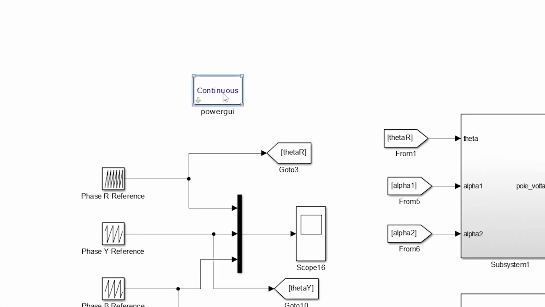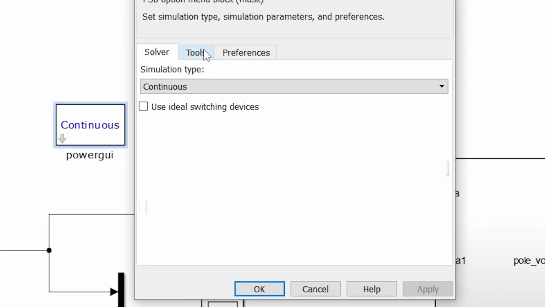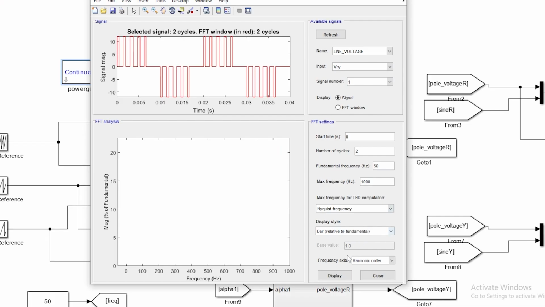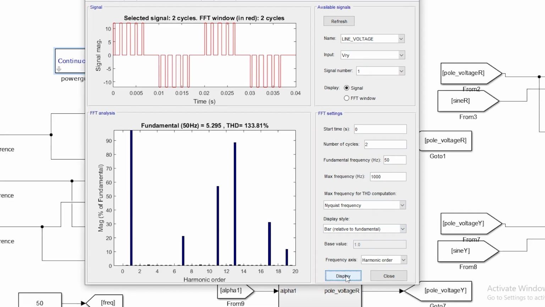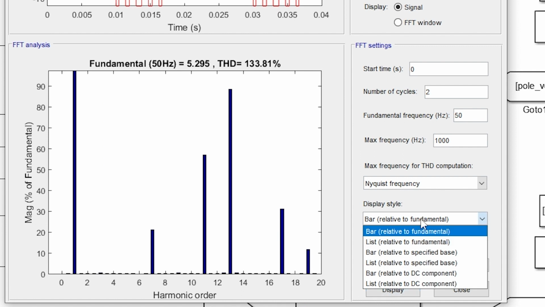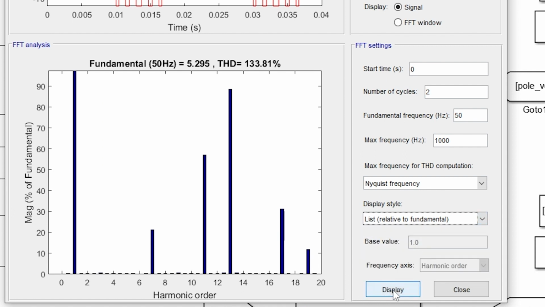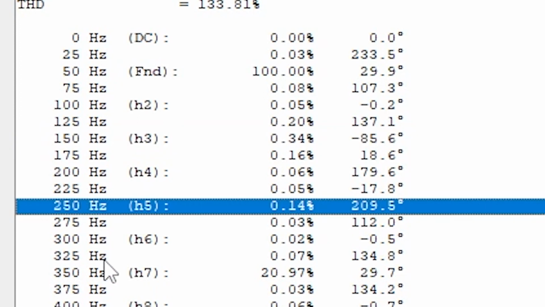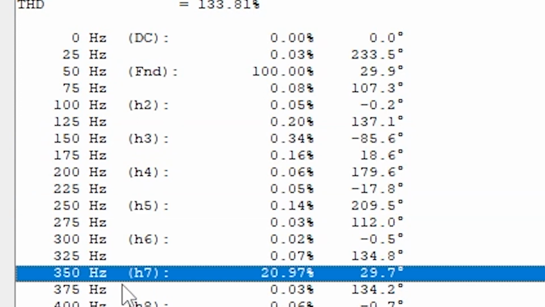Now open this Power GUI block. Select Tools and choose FFT Analysis. We can check that the fifth harmonic component is absent. The same observation is presented in data format also. Third harmonic is 0, fifth harmonic is 0 but seventh harmonic is non-zero.